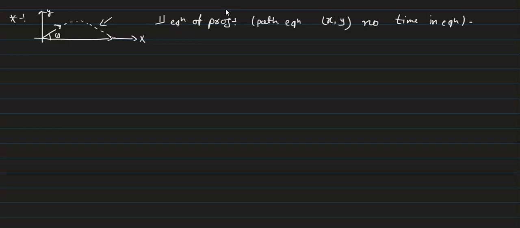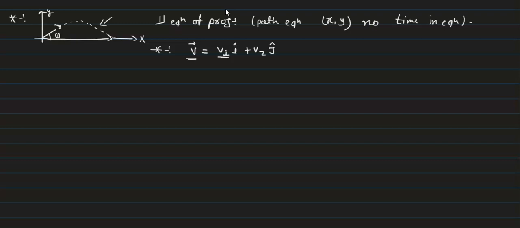Now to find the equation of path for a projectile, you must know the components of a vector. If I write here any vector v as v1 i cap plus v2 j cap, what is v1? v1 is basically the x component of the v vector. Are you getting it?